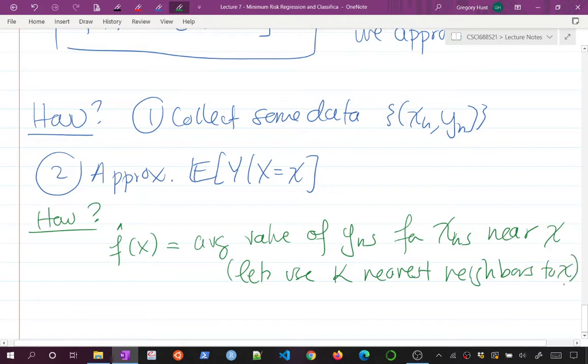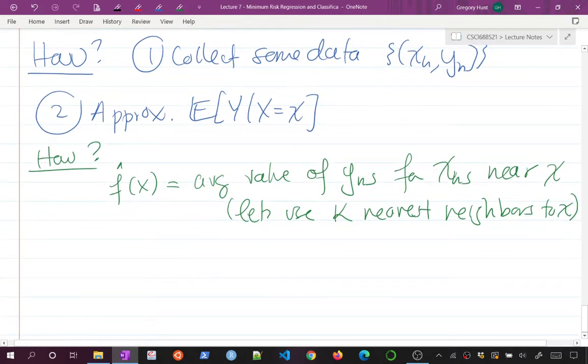So I'll say it's nearby little x if I just choose the k training points that are nearest to it. And so I'll approximate that as the average of these k nearest neighbors, and I'll sum over my training data where the x sub n's are in the k neighborhood of my x, and I'll sum up the y sub n's. That notation sucks, but that's what it is, right?